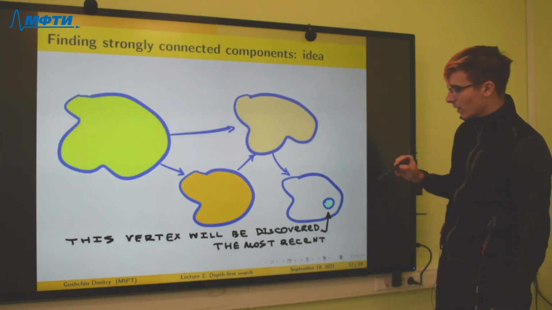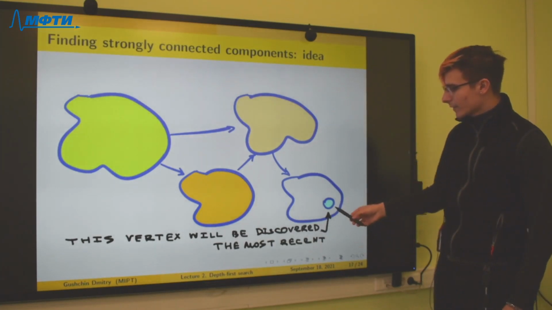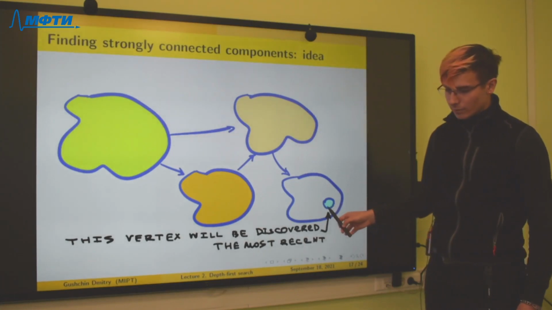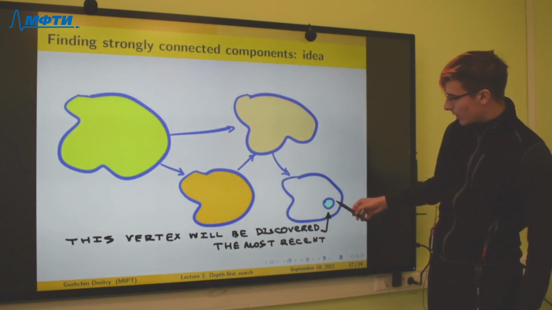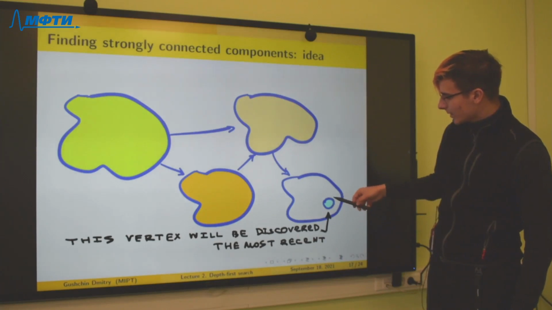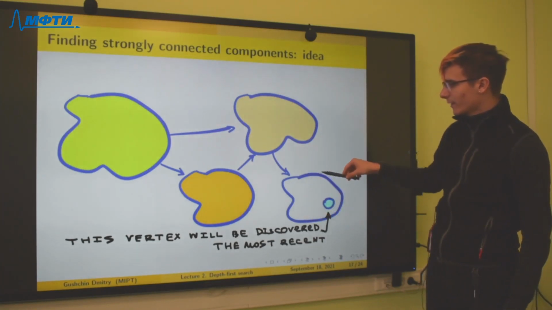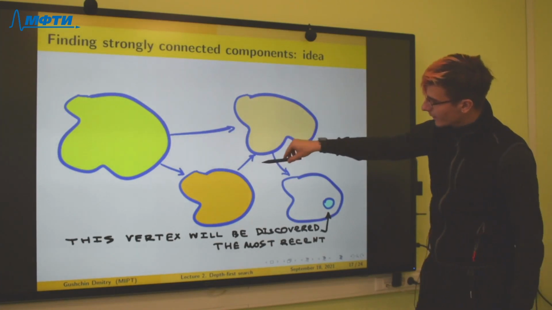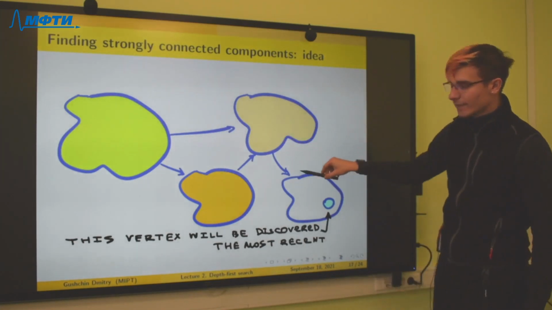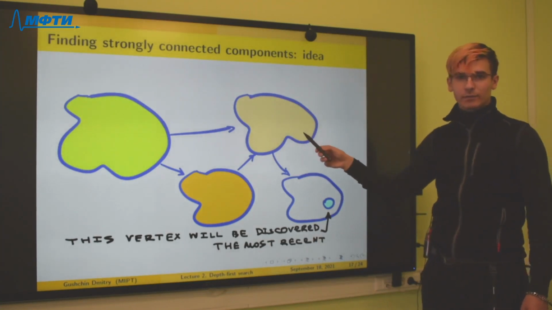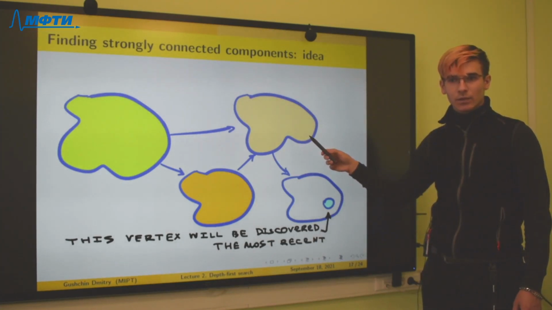I repeat it. The first vertex that we finish with is contained in a connected component that has no edges that start in this component and end in other strongly connected components.